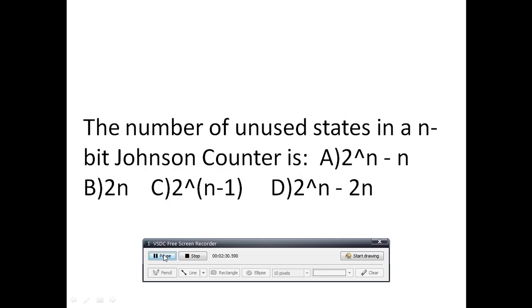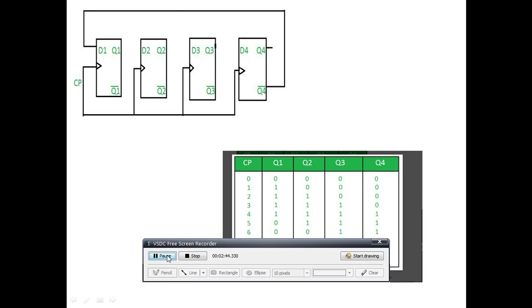This 1 is given as feedback to the first flip-flop. So the input to the first flip-flop of the Johnson counter is 1. Q1 is the first flip-flop, Q2 is the second flip-flop, Q3 is the third flip-flop, Q4 is the fourth flip-flop.